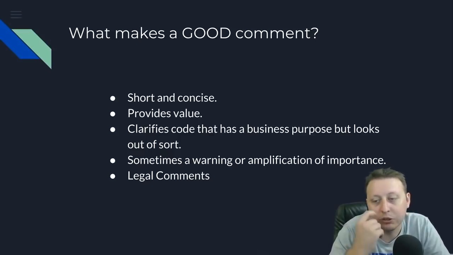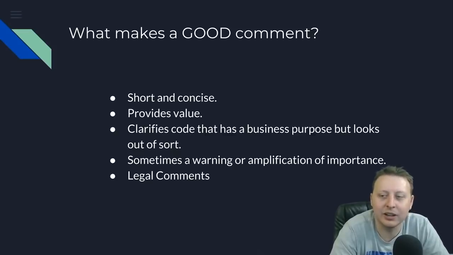And so when do we use a comment, right? These next two things are grouped together, but we use a comment when it clarifies code that has a business purpose but looks out of sort.